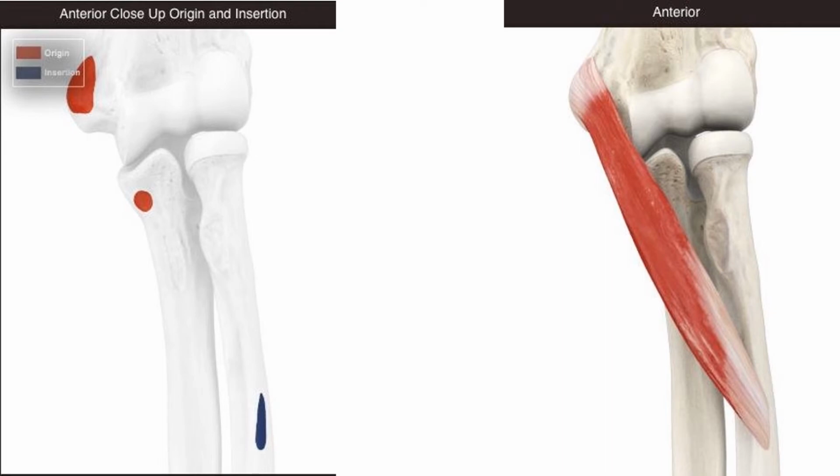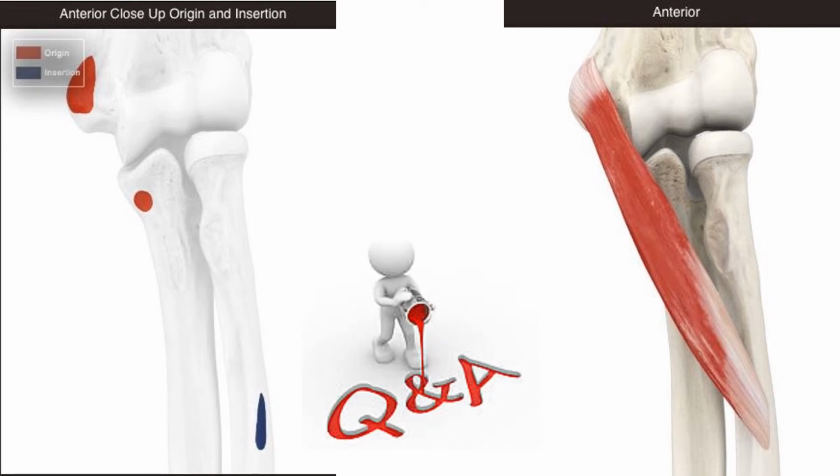What is this and where are we? Let's ask ourselves a few questions and try to answer them. What is this? This is an epicondyle of the humerus. What is this? This is the ulna. And this is the radius, the lateral bone of the forearm. And this red area represents a point of attachment of this muscle on the medial supracondylar ridge.